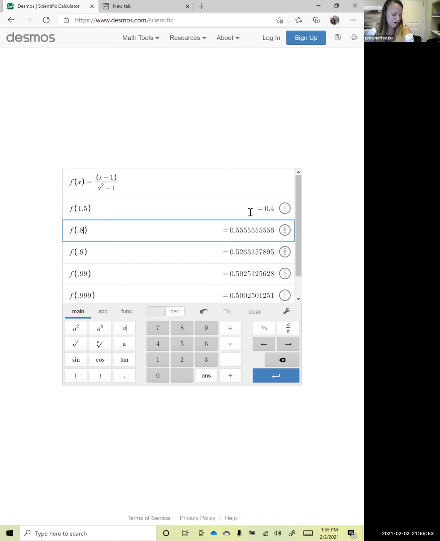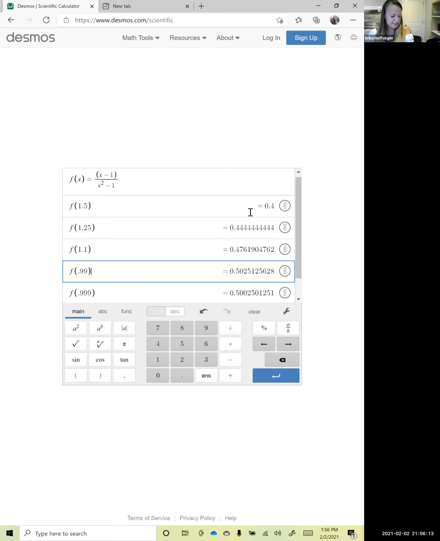A number bigger but closer to 1 than 1.5, so maybe 1.25. So I got 0.444. Now let's do 1.1. That's even closer to 1 on the right. So that's 0.476.